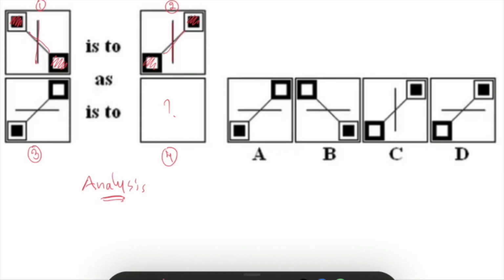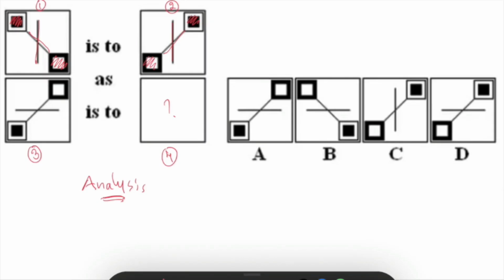Okay, I will go to pattern 3 to use the relation I figured out between patterns 1 and 2, and to apply this to pattern 3 so I can logically infer pattern 4.